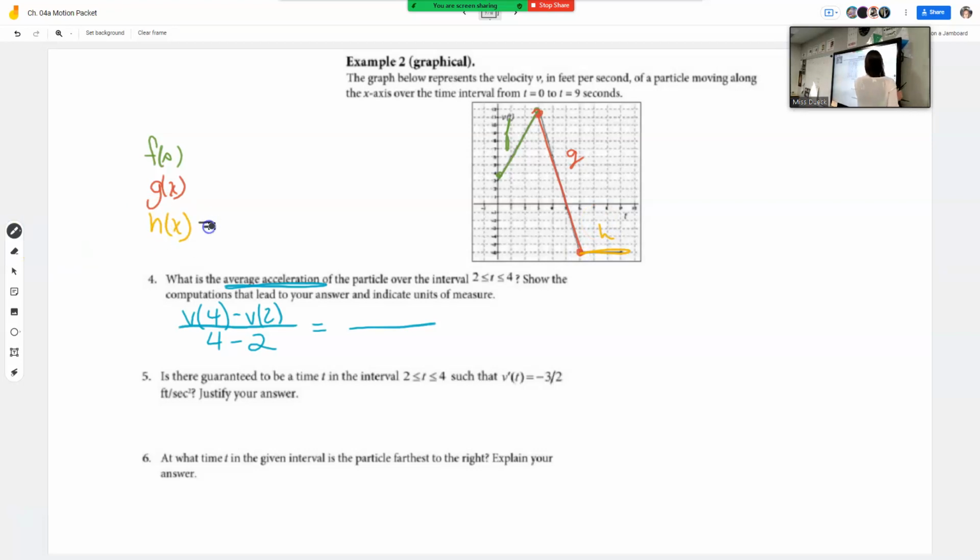Technically, I don't even really need H. I'm not going to stress too much because it's asking about 2 and 4. But 2 is on the green. 4 is on the red. I know you might end up being like, that was pointless, but believe me, it's not.